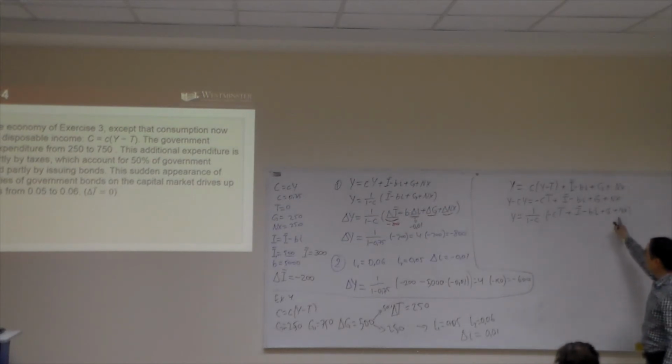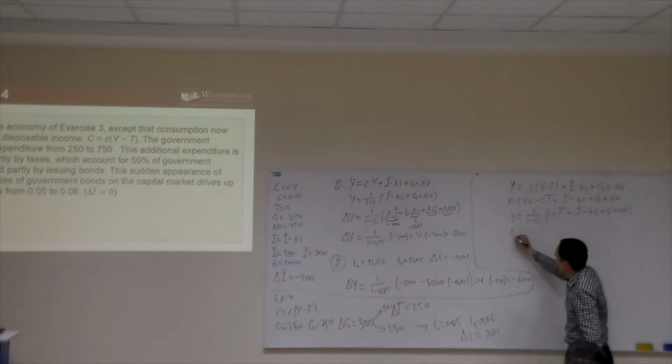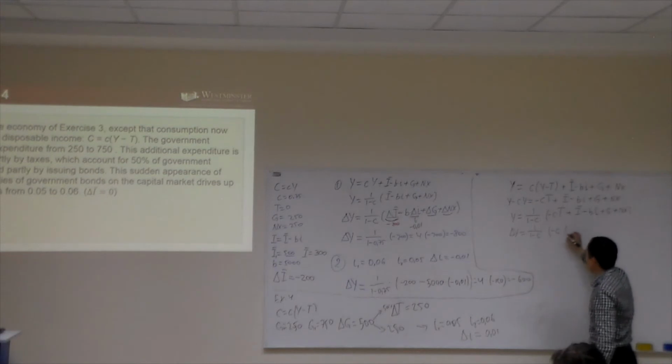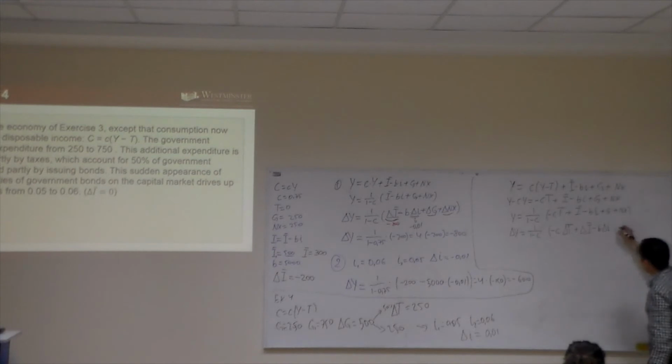Now if we take the first difference with respect to time, it gives us the change in output equal to 1 over 1 minus c, times minus c times the change in tax, plus the change in autonomous investment, minus b times the change in interest rate, plus the change in government spending plus the change in net export.